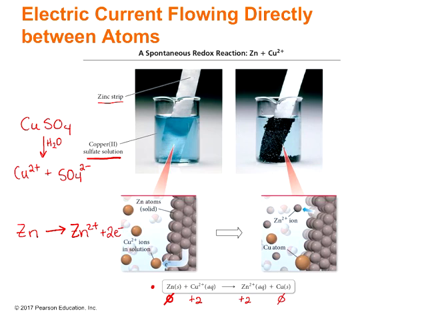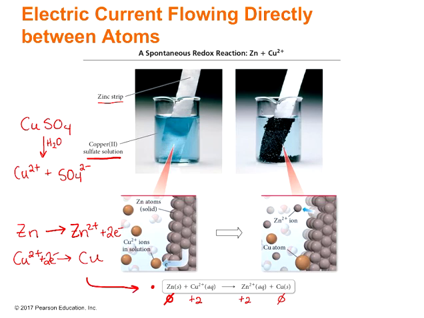And then as Cu2+ turns into pure copper, which is neutral, is copper gaining or losing electrons? Gaining electrons, right? And it's actually gaining 2 electrons from zinc. So then we get our overall reaction shown below.